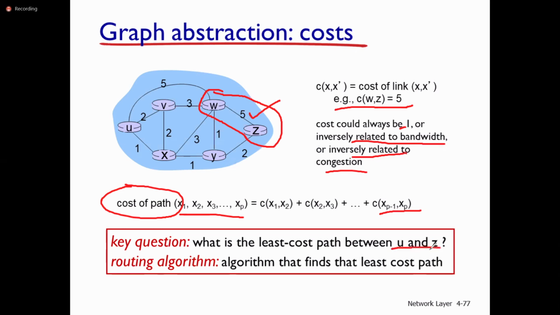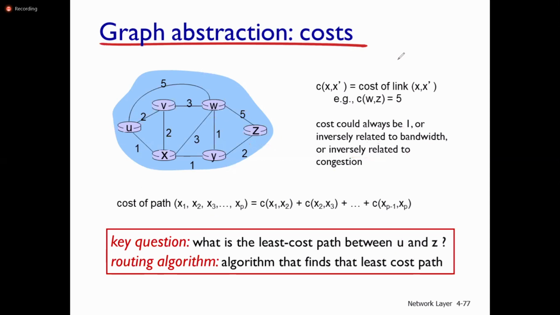To find the least cost path between U and Z, we need to use routing algorithms. The algorithm that finds the least cost path from source to destination is the purpose of routing algorithms.